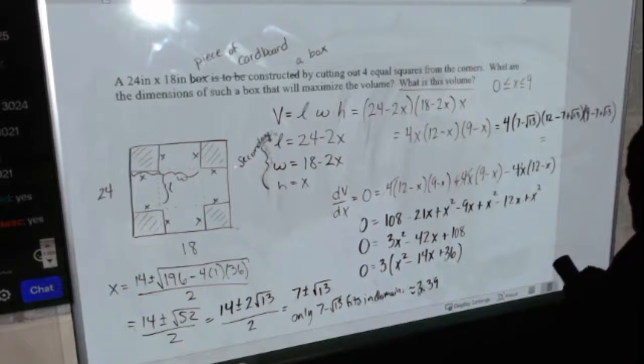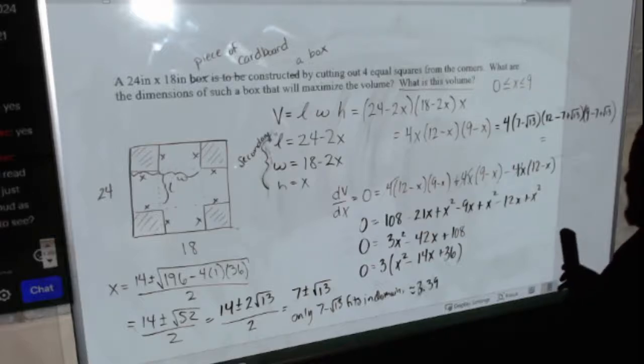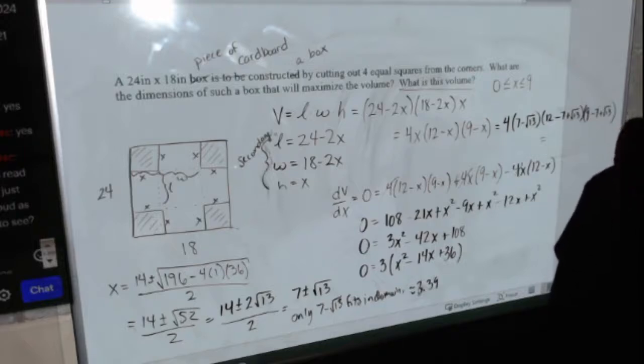I'm going to attempt to plug all of this into the calculator. So multiplying all that together, it's 654.977.